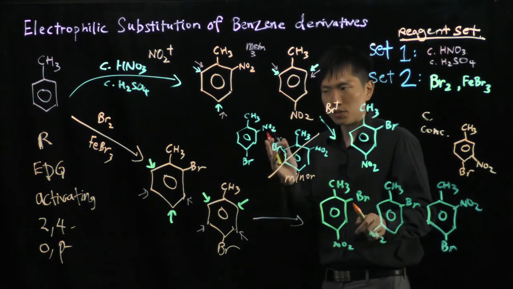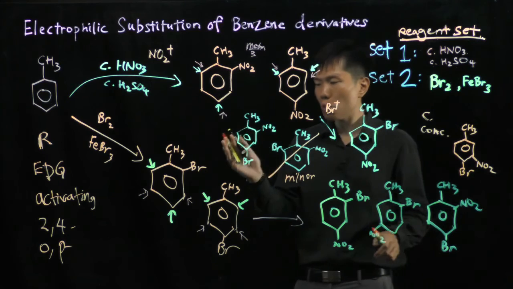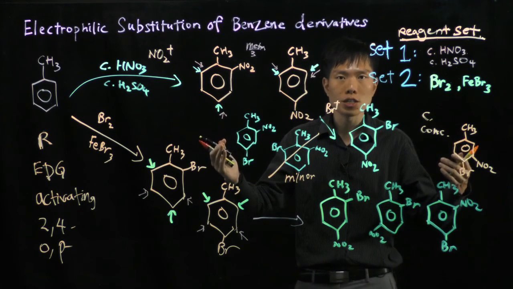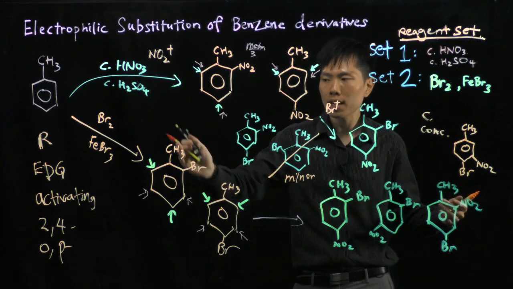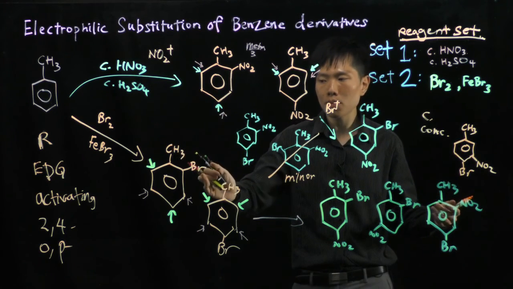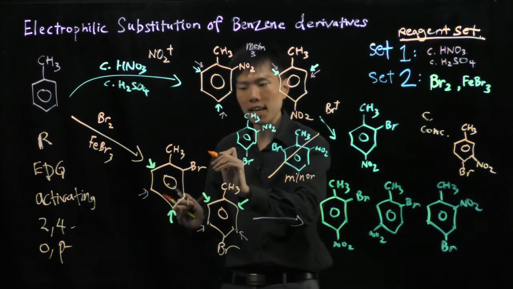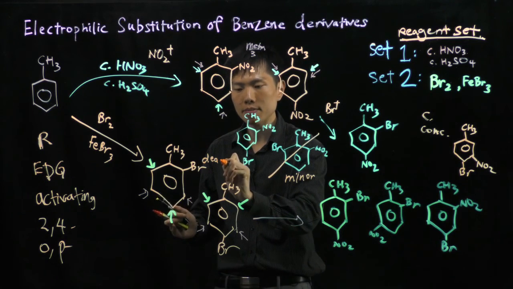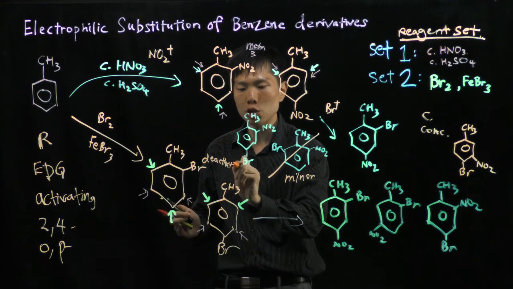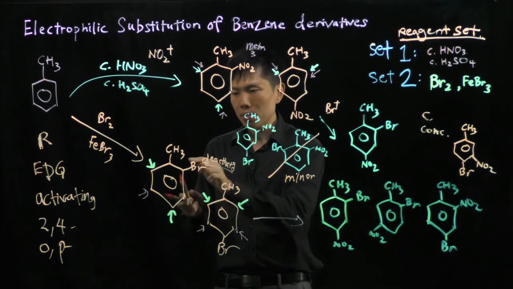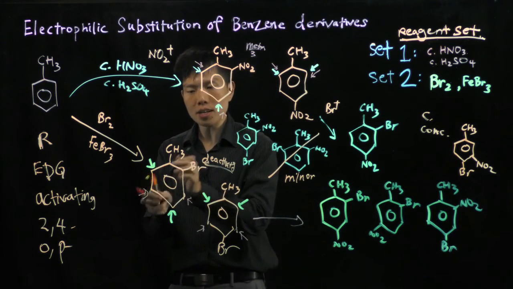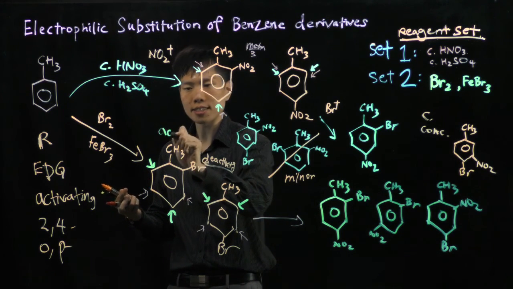So for this syllabus, we'll just go with the one that helps the reaction. Now we are comparing bromine against the methyl group. Bromine says, do not come in because this group is deactivating. It doesn't want further substitution. But the methyl group says, oh yeah, please come in, I welcome you. This is activating.